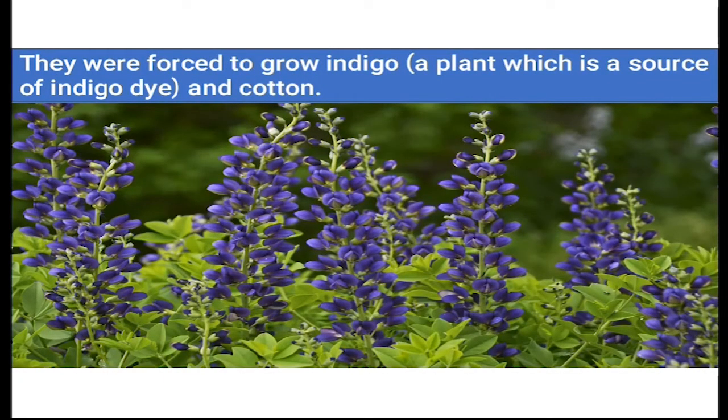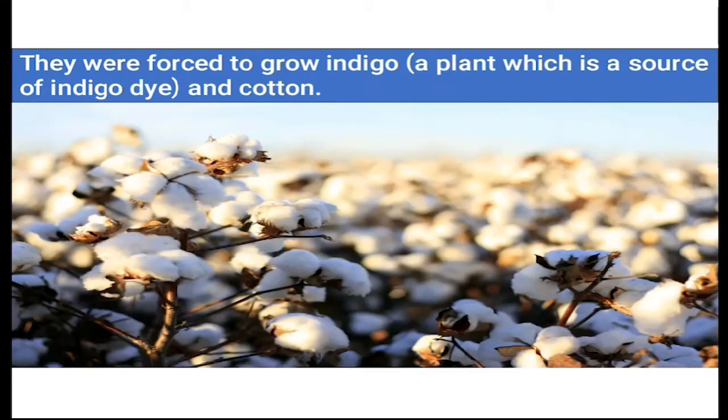The farmers were asked to grow indigo, a plant which is a source of indigo dye, and cotton. The farmers in India were forced not to grow rice, wheat, or other edible crops.